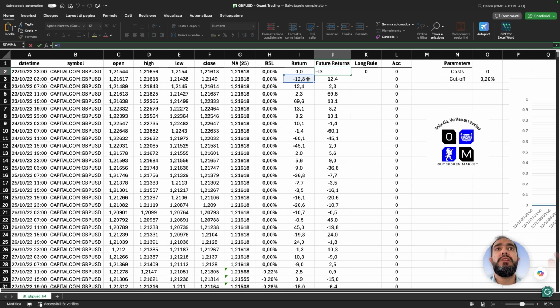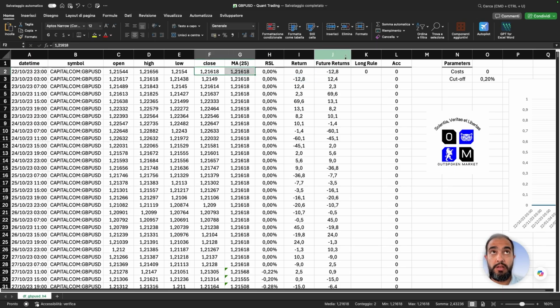Why am I using the future returns? Because I want to check if, based on the way that I'm going to close this candle, I will eventually be able to make profit. Of course, in the following one, I cannot make profit from the current one and from the past ones. Makes no sense, right? So in order to run my backtest, I should do it that way. What is the long rule?